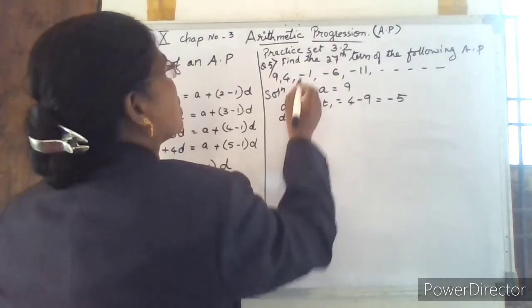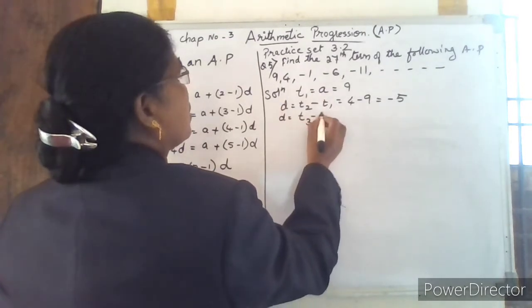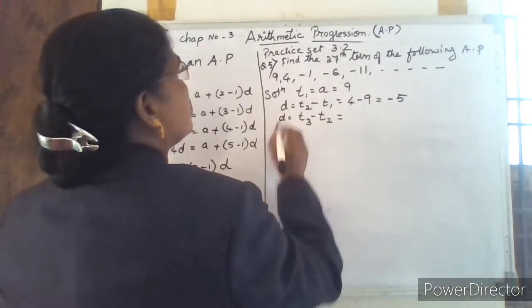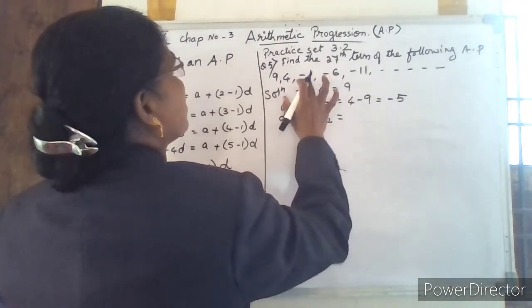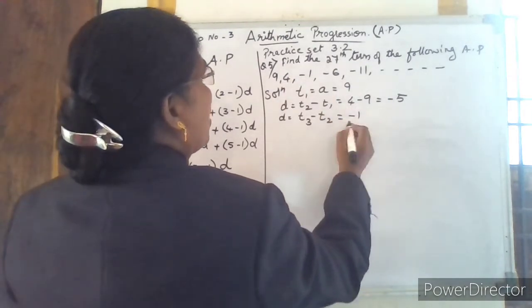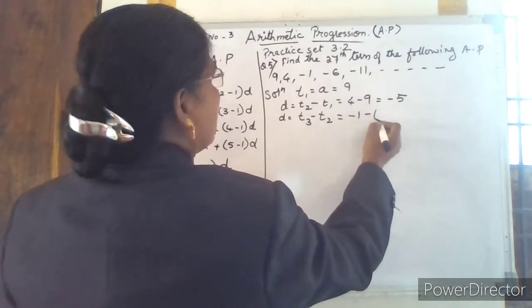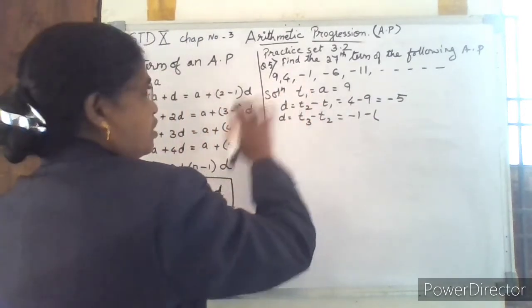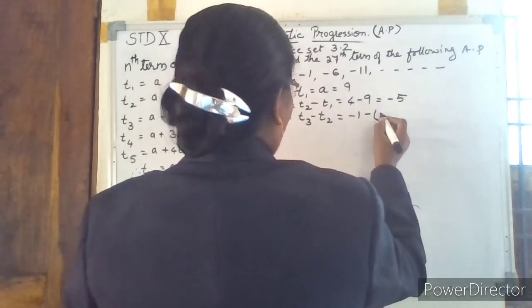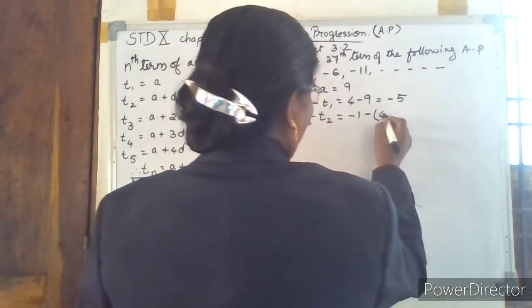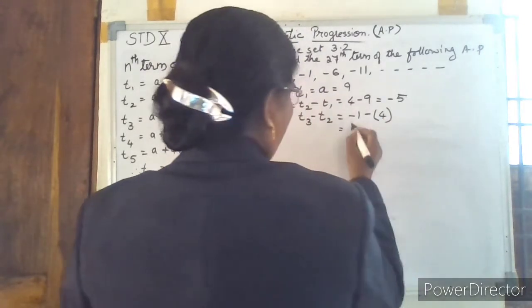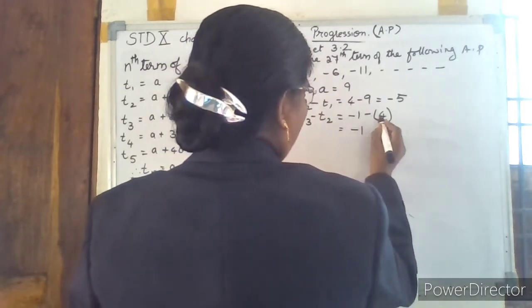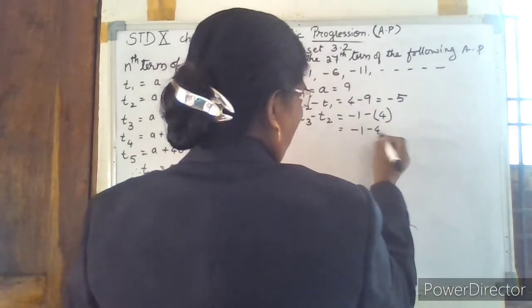Here, the third term minus the second term. The third term is given as minus 1, and minus, in the bracket, the second term, that is 4. Put it in the bracket. So it is equal to minus 1, plus into minus is minus 4.